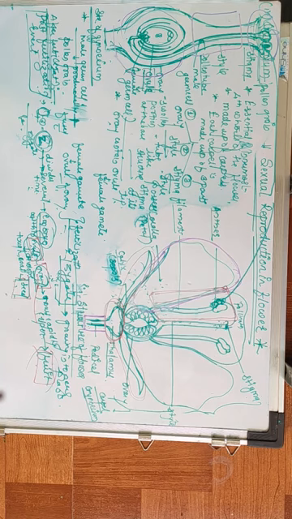Meanwhile, after the formation of seed and fruit, what are the other parts present? Petals, sepals, stamen, style, and stigma.